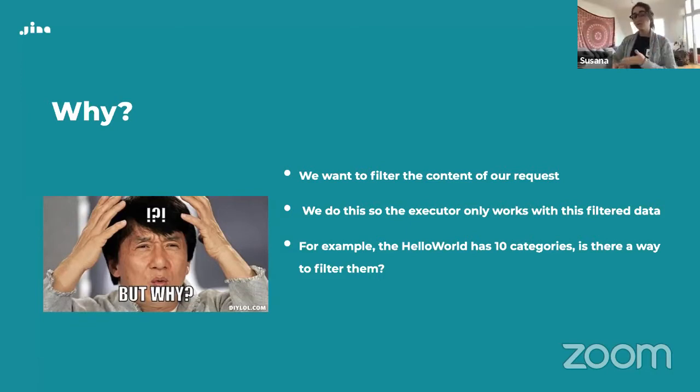What I'm going to do now is use something called QueryLang, which we introduced in Jina 0.5, if I don't misremember. With that, we can filter our requests, so our results.